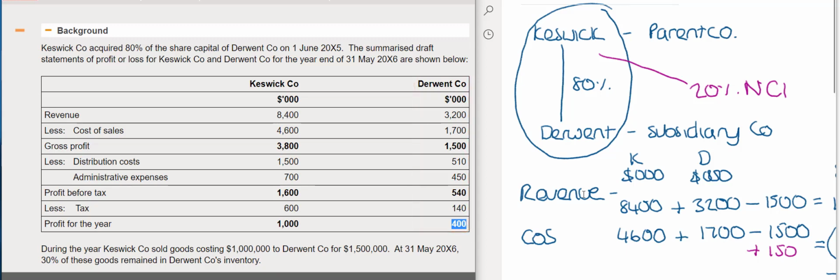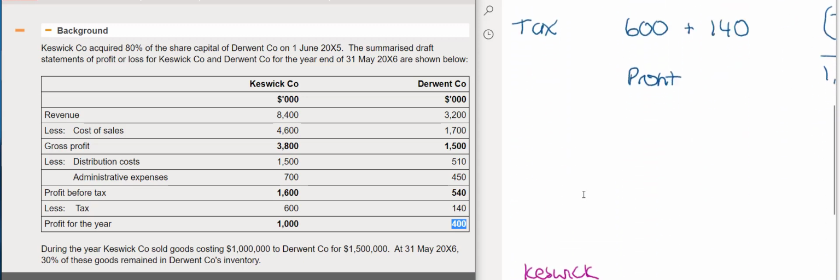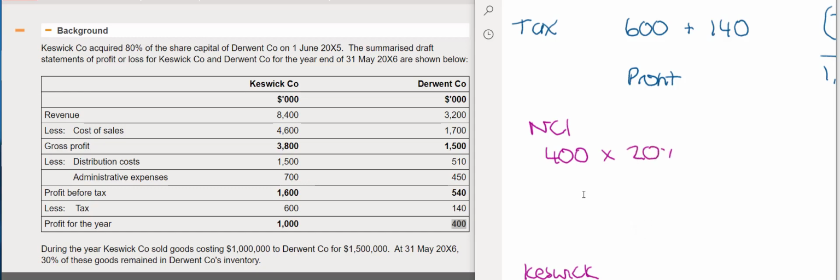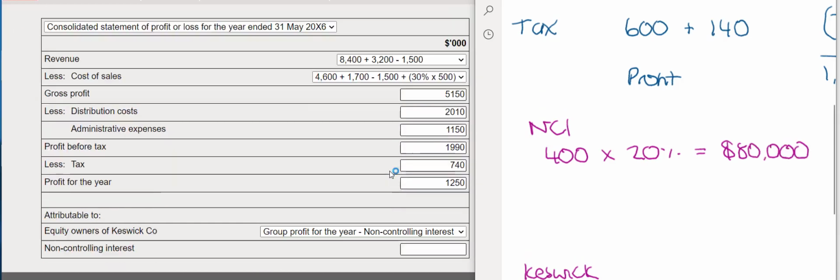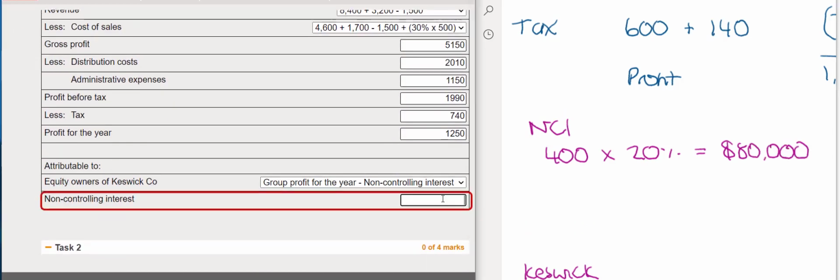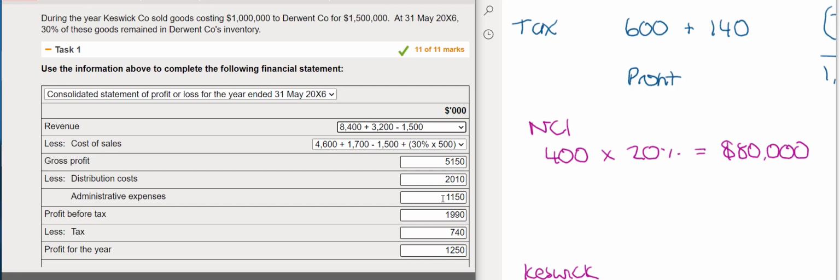We therefore need to calculate the non-controlling interest. If we take our profit figure and multiply by the non-controlling interest percentage of 20%, this will give us 80,000. This therefore needs to be included in the final box, like so. We can see from task 1 that we've got all of the elements correct and everything is completed.